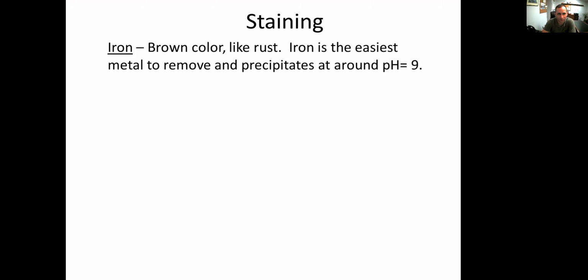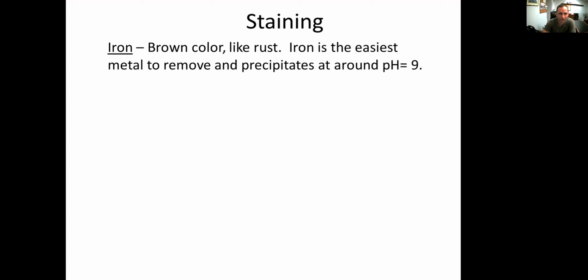You can remove it just by precipitating it from the water. If you raise the pH to 8 or 9, it'll just come out of solution, and you can filter it out. Most pools are closer to pH 7 though. But if it's visible in the water, it usually can just be filtered out with whatever filter you have.